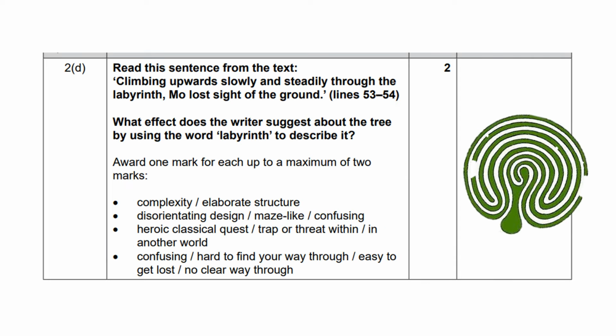A maze is a thing which is quite dense, something where you may lose your track and you are unable to come out. So here it shows the complexity, the elaborate structure of the tree. It shows the disorienting design, maze-like, confusing, a heroic classic quest, that moving inside, nameless, going in different directions in the foliage, was some heroic classic quest.